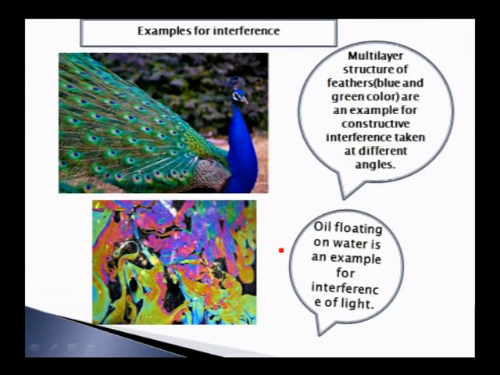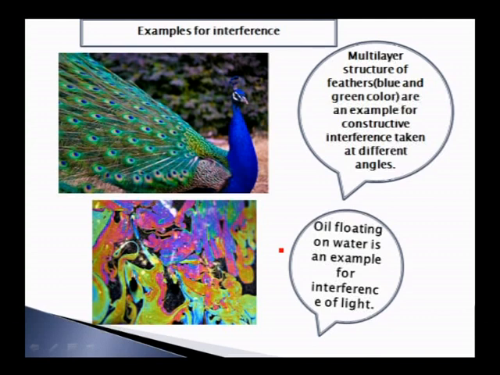Now, some of the applications of these interference patterns: when you observe the color of the peacock, where you get beautiful colors, the blue and the green color, it is because of the constructive interference which takes place at different angles.